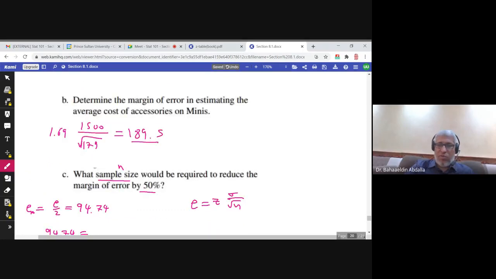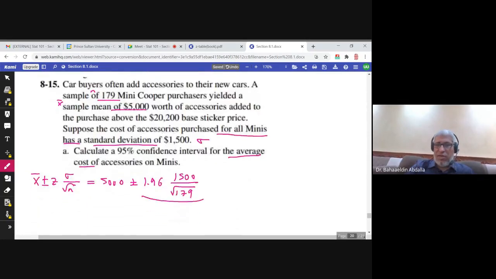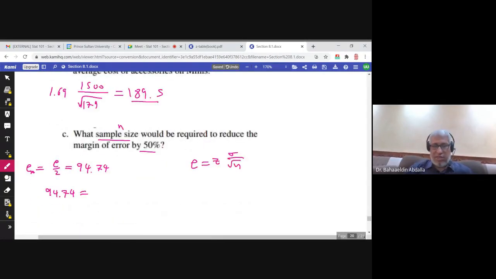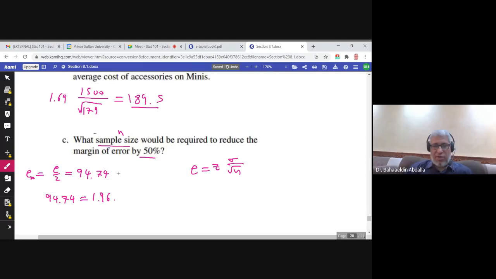It is 1.96 because 95%, sorry, yes, times sigma. What is sigma? Sigma is 1,500 as it is, not changed, over square root of n. And he is asking about the sample size. So if the margin of error is reduced by half, by 50%, what would be the sample size required?